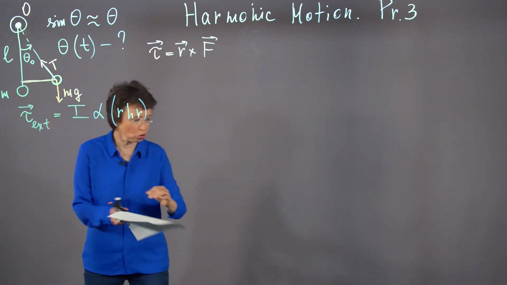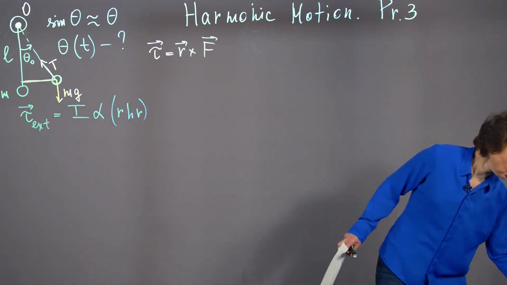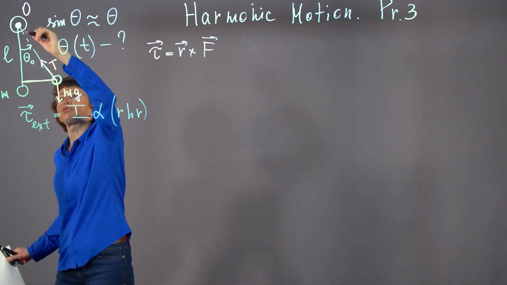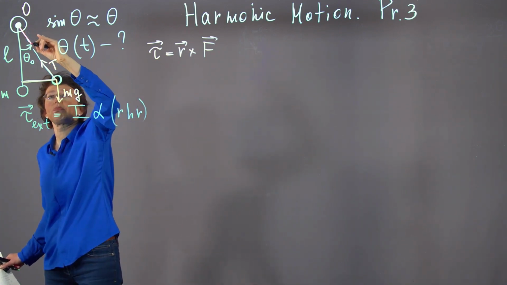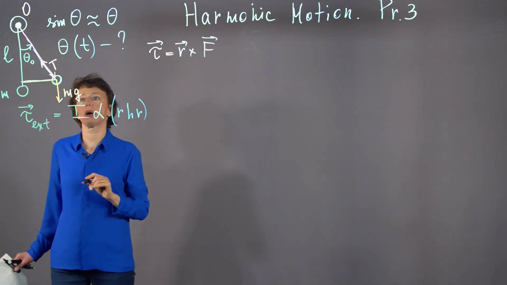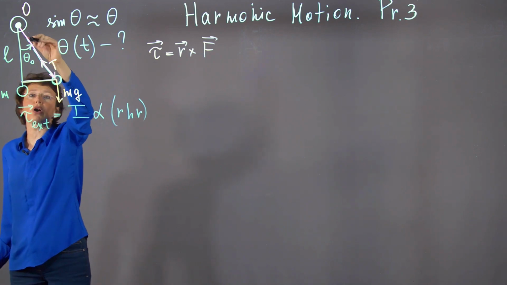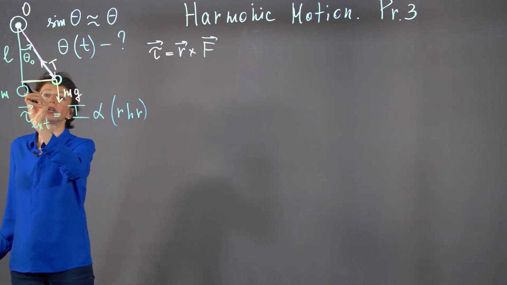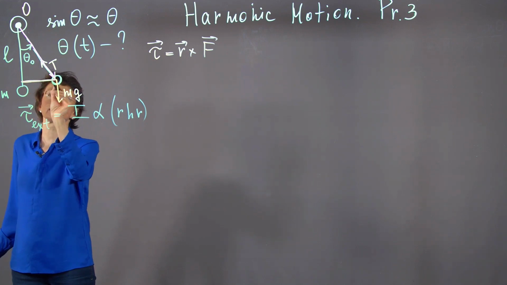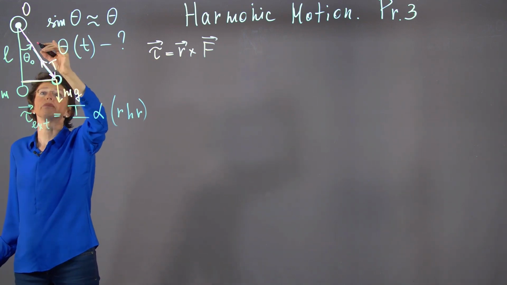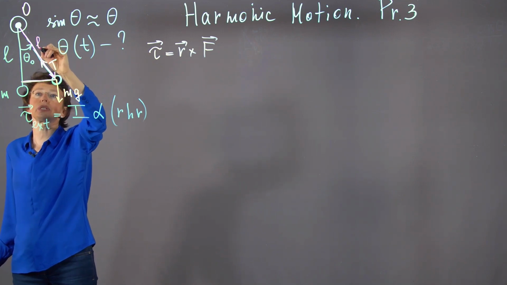Let me draw R, I will use red. This will be my R, and I'm looking for the component of R that is perpendicular to gravity, which obviously is this. And this leg of this right triangle has length, hypotenuse is L.